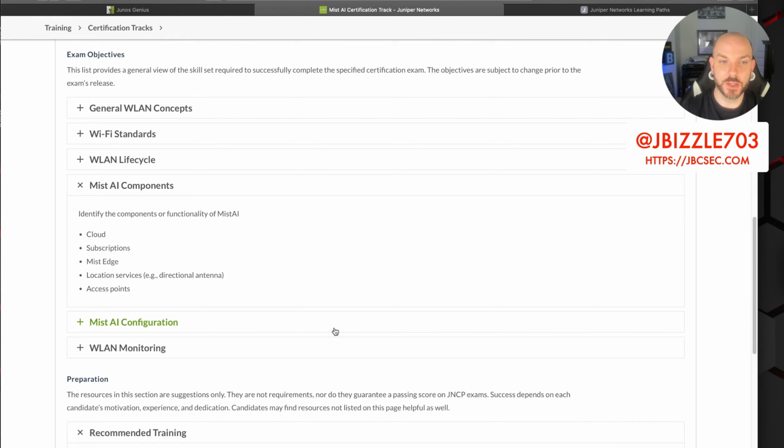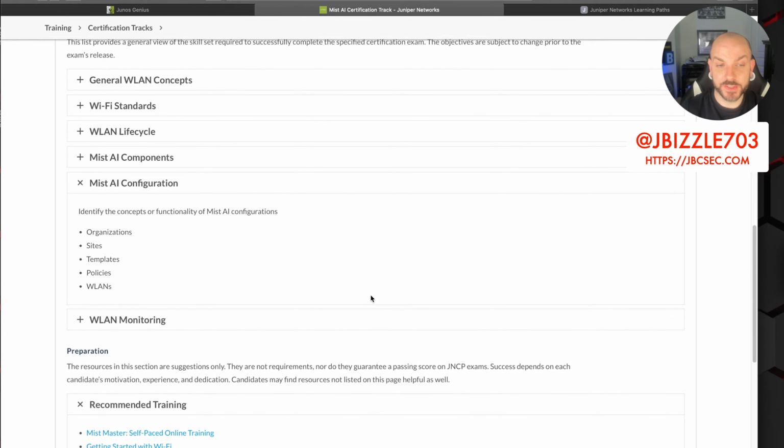So this is a new technology that Juniper has pulled into their portfolio of devices, covering the way that you go about managing these different types of Mist access points, different levels of subscriptions, and with that comes different types of reporting and features. So it's important to hit on all that stuff.